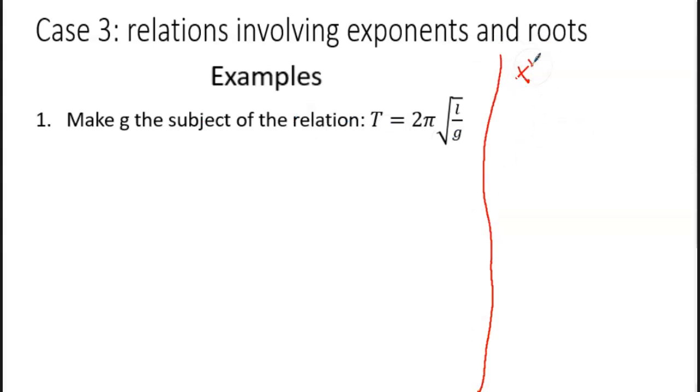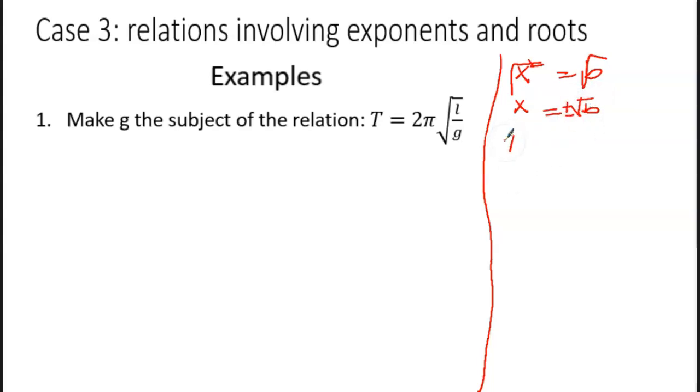If x squared is equal to b, if you want to find x, anytime you have a variable squared and you want to find that variable, then what you can do is to take square root on both sides. So when you take square root on both sides, x will become plus or minus, take note, square root of b.